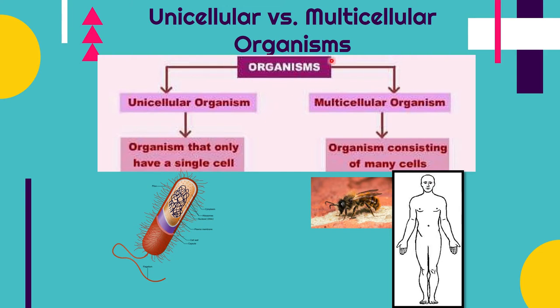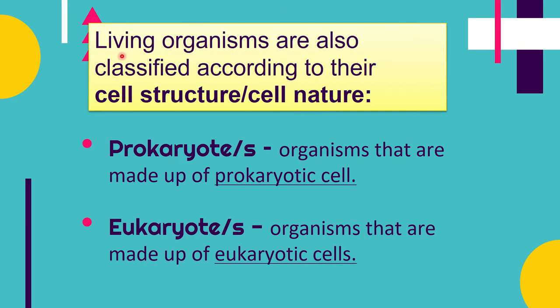So all living organisms are classified according to how many number of cells they have or they are composed of. So we have unicellular organisms and multicellular organisms. But living organisms can also be classified according to their cell structure or cell nature.